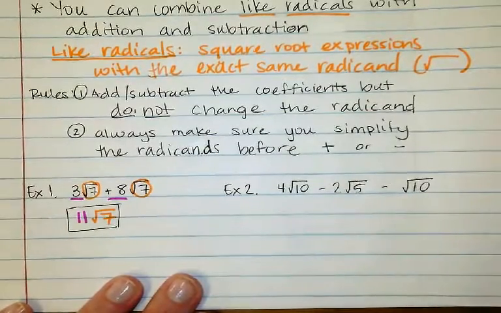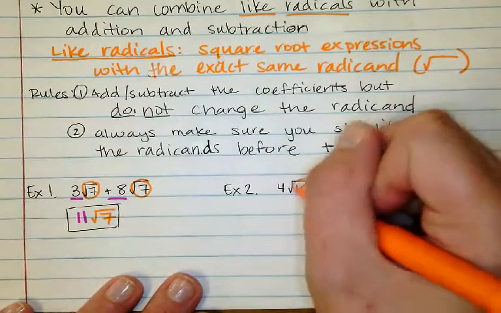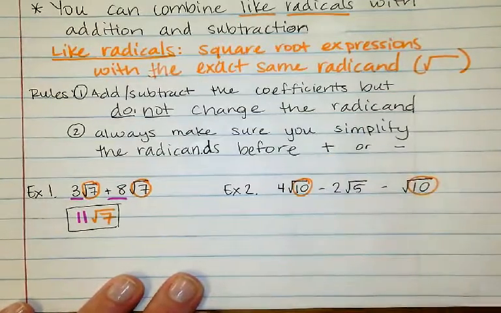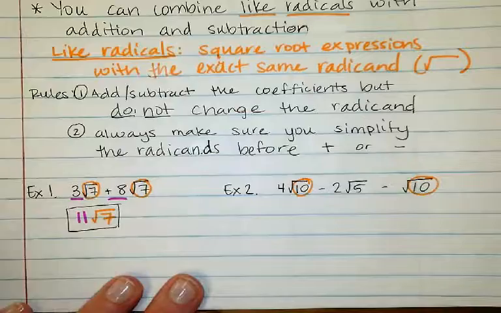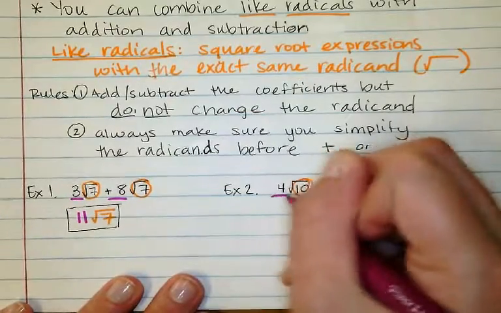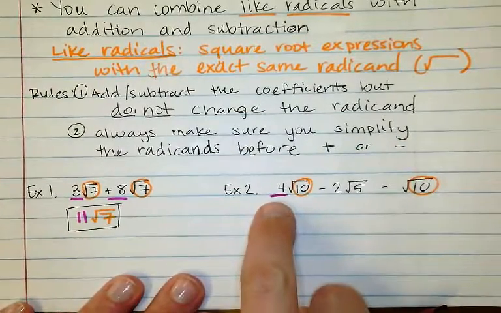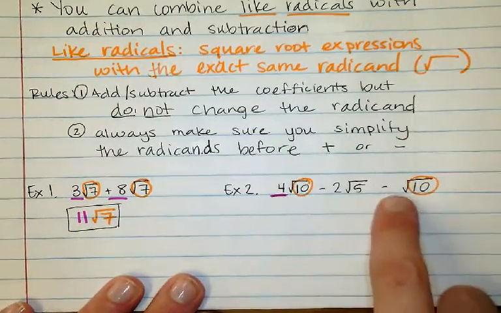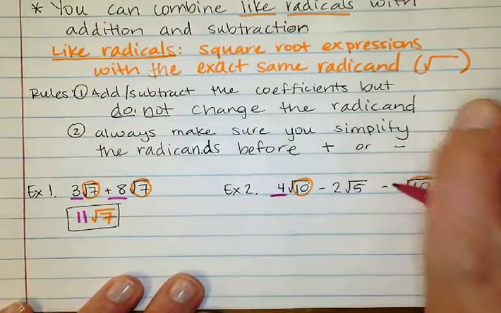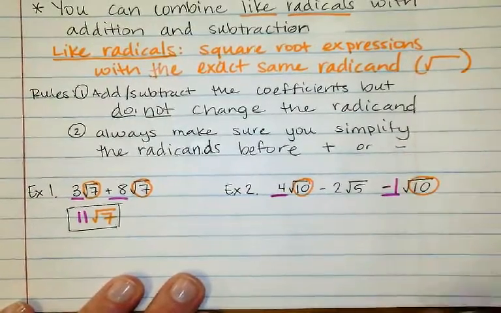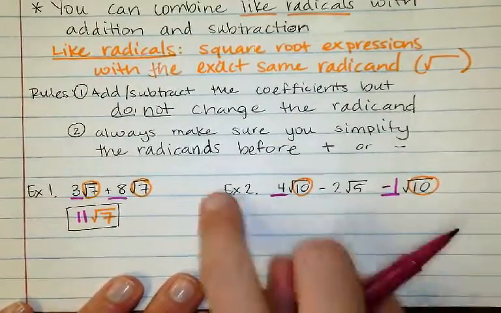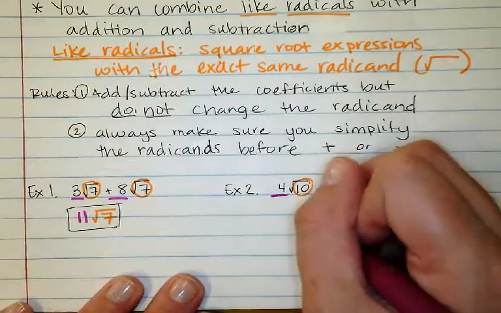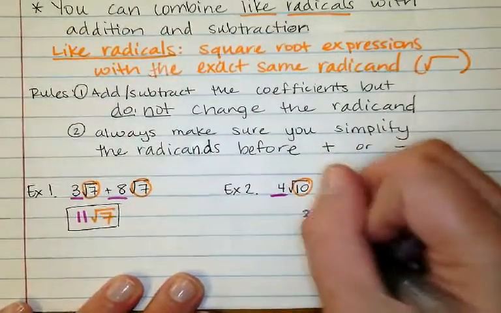So now we're going to find our radicands that are like. So we're going to say, okay, square root of 10 and square root of 10. Look at that. Now we're going to add or subtract our coefficients. So we have 4. What's the coefficient of this one, guys? It's like a negative 1. So 4 minus 1, that's going to give us 3 radical 10.